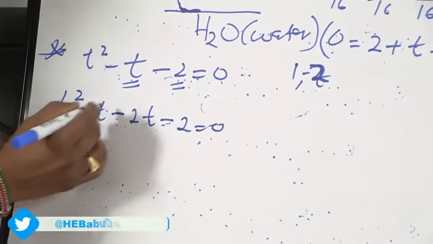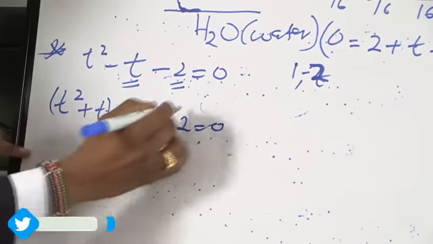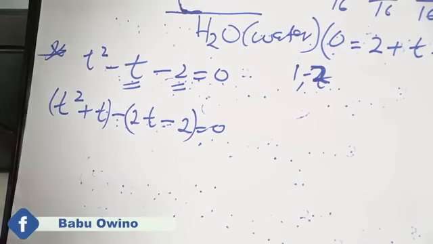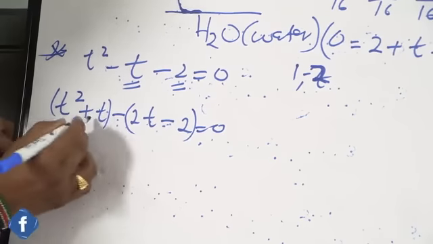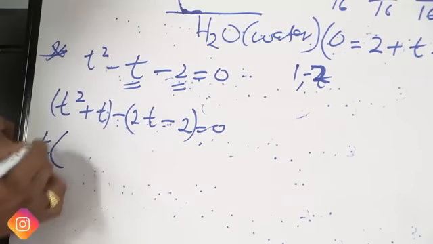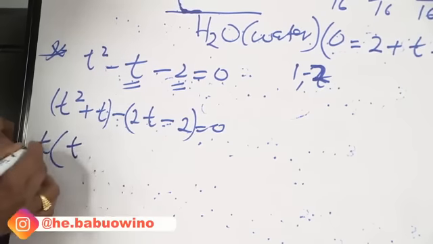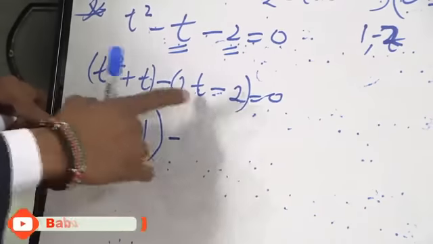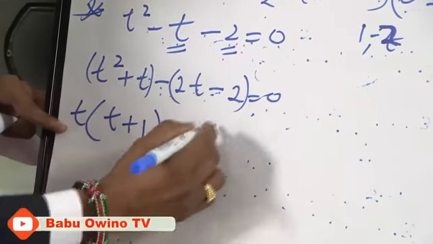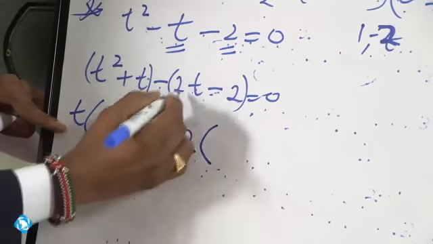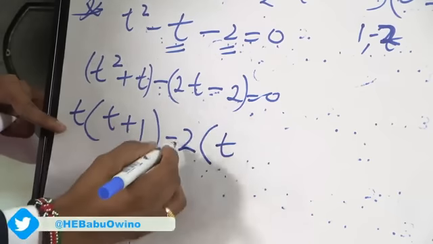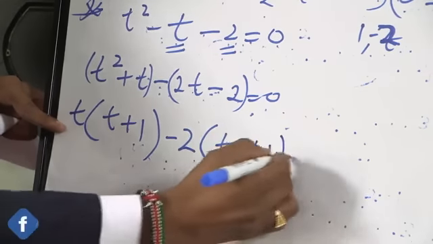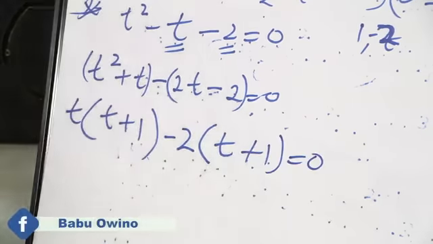Then we have the first part of the equation and the second part of the equation. We factor t out because t is common in the first part. Therefore, t into t squared, you get t. t into t, you get plus 1. Minus, the common factor here is 2: 2 into 2t is t, then 2 into minus 2 is minus 1, equals 0.